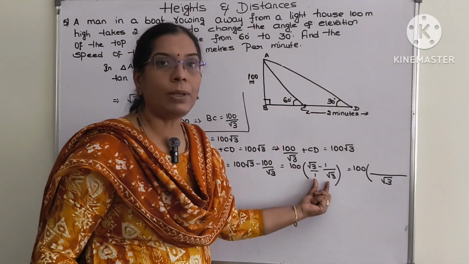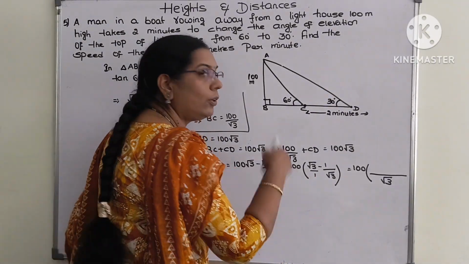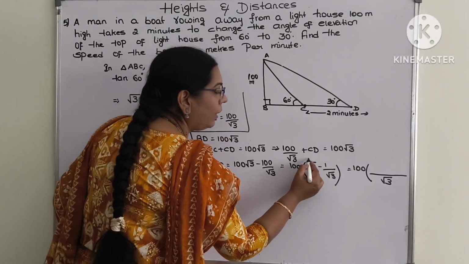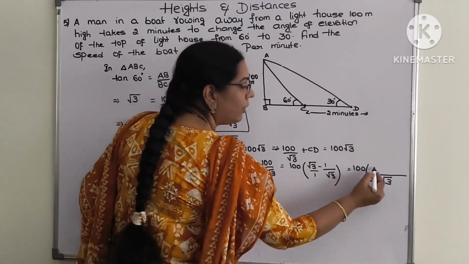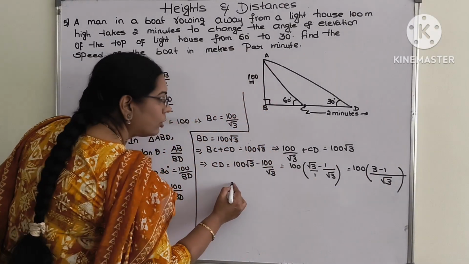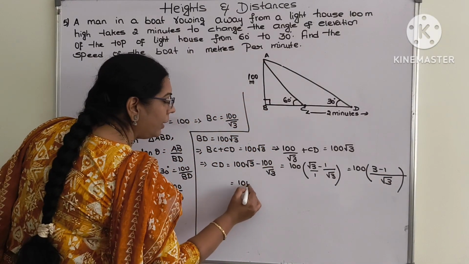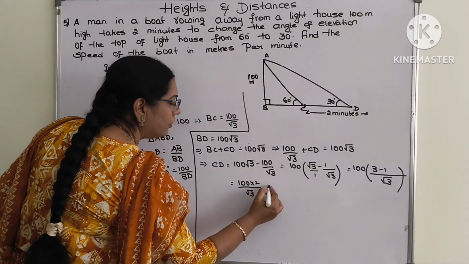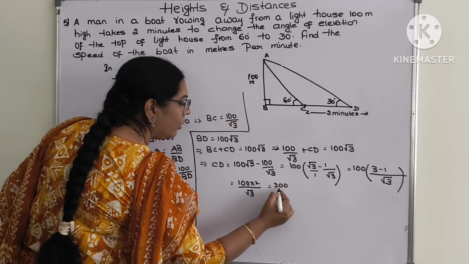So LCM will be root 3. 1 into what will give you root 3? 1 into root 3. So multiply root 3 with this. Root 3 into root 3 will be 3. 3 minus 1 by root 3. So basically this will be 100 into 2 by root 3, which is 200 by root 3.